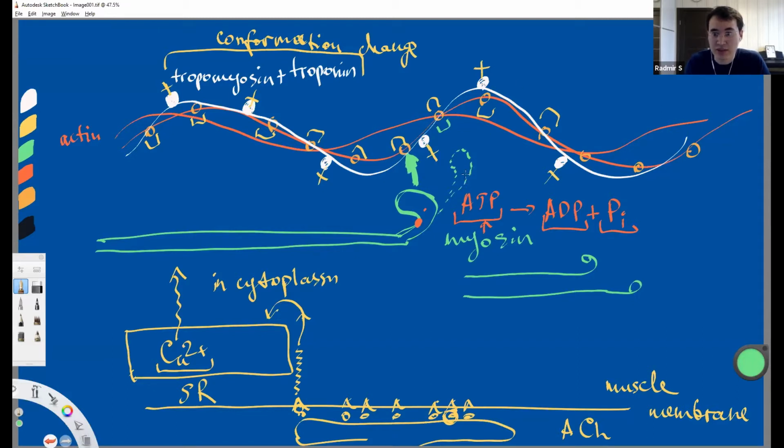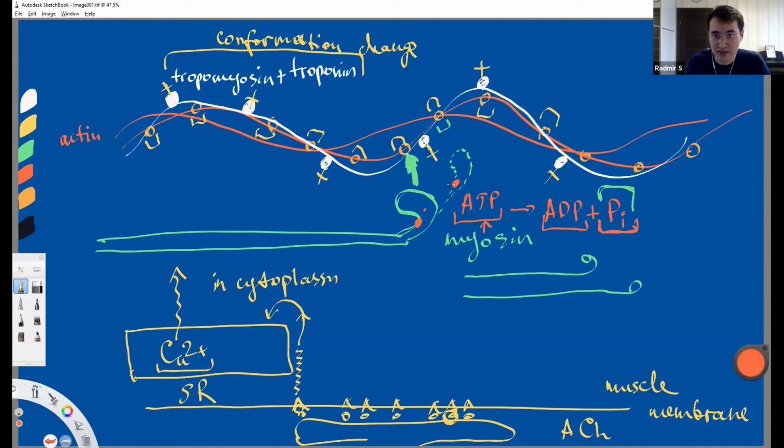Okay, so after that, we released one of the phosphates. Now we have only ADP attached to our head, and it is bound to the next binding site. So it moved from one binding site to another and released this phosphate here.